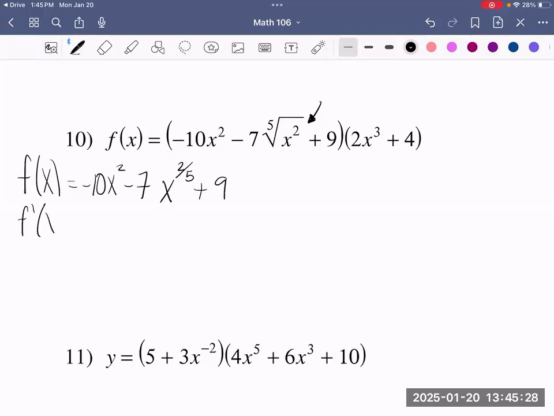So when we go ahead and derive, we can now see negative 7. And then when we do your power rule, we're still going to bring it down as such, but then we're going to subtract 1, but written as 5 minus 5. Let's go ahead and do the same here.